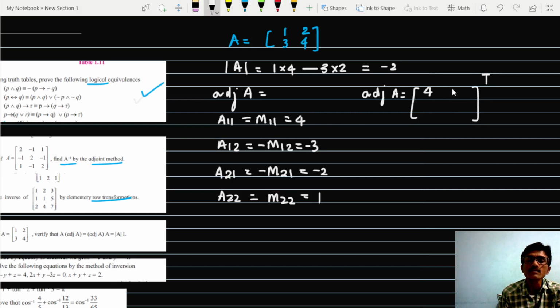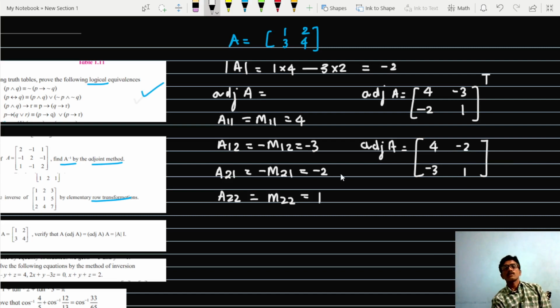A11 is this, A12 is this, A21 is -2 and A22 is 1. Transpose of this matrix will be what? Transpose of the matrix is by interchanging all rows and columns: 4 -3 -2 1.